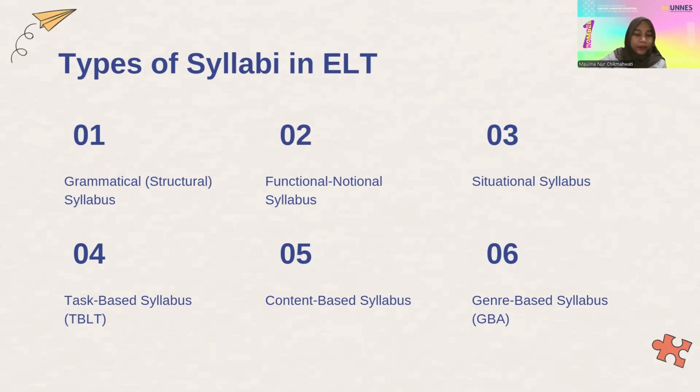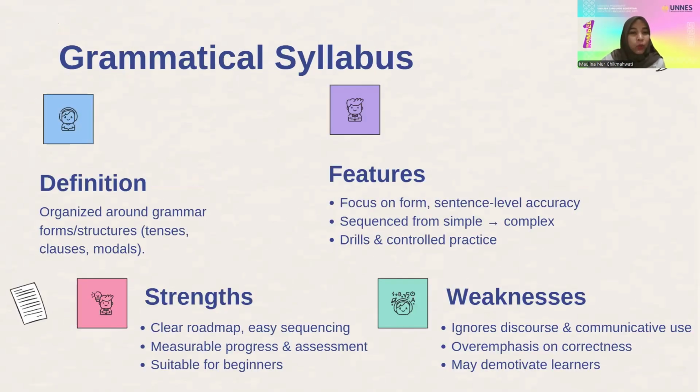We will deliver them one by one. Now we go to the first approach of this syllabus design in ELT, which is grammatical syllabus, or we can call it structural syllabus. What is grammatical syllabus?